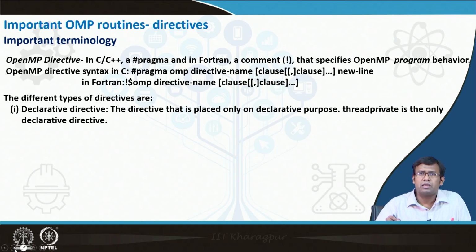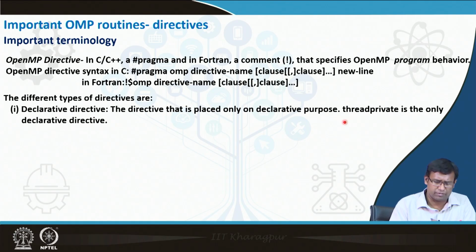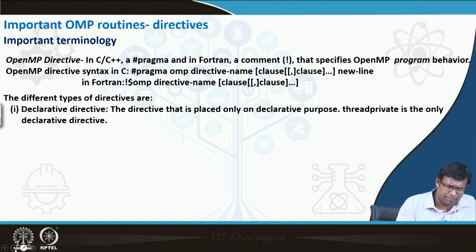As of today, we looked into the threadprivate directive in the last class: a variable which is private to a thread, and after the thread is destroyed and the same thread is launched again, this variable in the private memory will remain for that particular thread. That is called a threadprivate variable. Threadprivate is the only declarative directive. OMP may add more declarative directives later, but right now threadprivate is the one. It starts with hash pragma OMP.